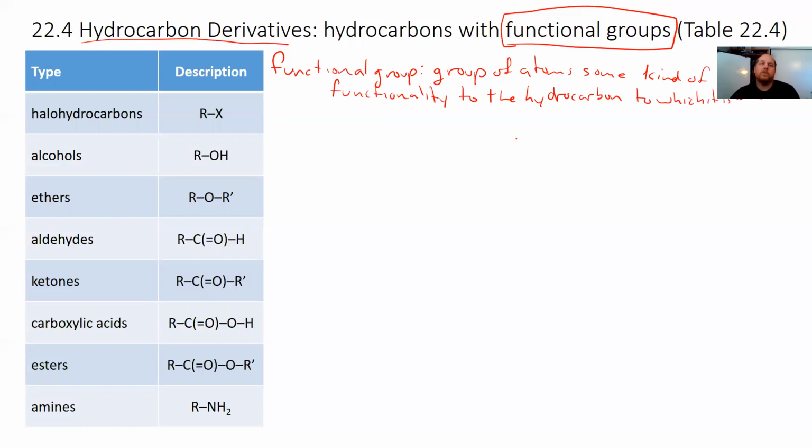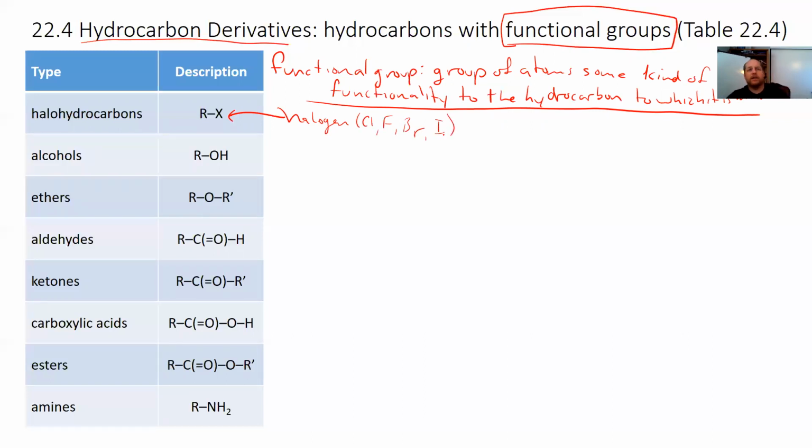All right, so we've already seen one of these, right? We've seen the halo hydrocarbons. The halo hydrocarbons have a halogen as the functional group. So chlorine, fluorine, bromine, iodine, those are all the halogens.